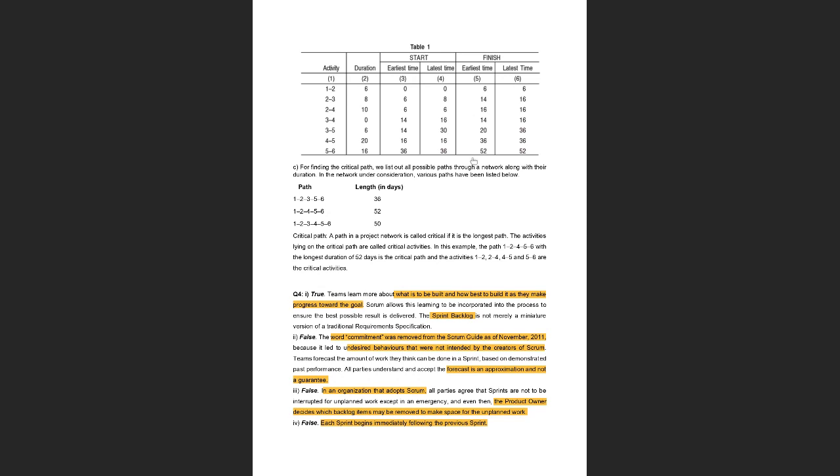So we have these three possible paths, and for each we have calculated the duration. As some of you have rightly identified, path 1, 2, 4, 5, 6 is the critical path because it has the longest duration.